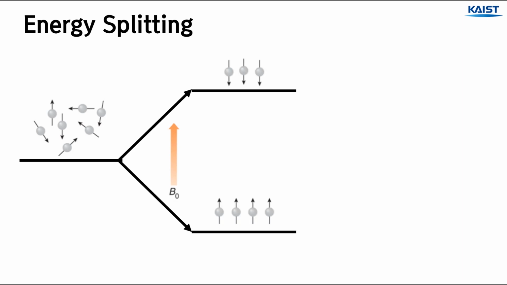If we apply the magnetic field to our randomly oriented protons, they come to have certain directions and are divided into two groups. One group aligns to the same direction as the external magnetic field, and their energy state becomes more stable.